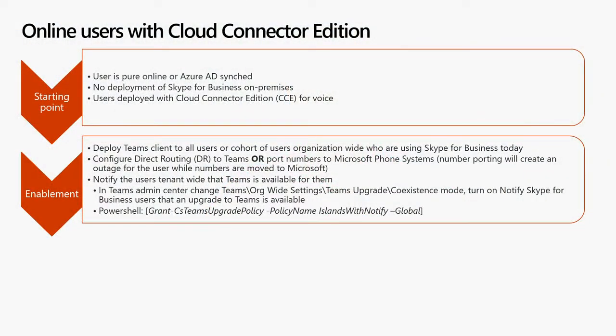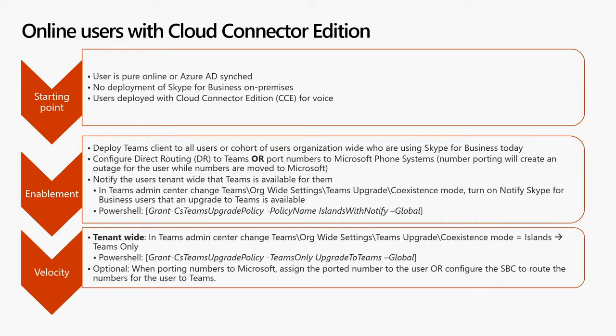Two flavors of it. One is you host the session border controller architecture and the PSTN termination point on premises in your organization, or you work with your telephony provider so they directly connect to us, and they manage the SBC architecture for you. So aside from that decision, the rest is exactly the same. You assign the license, you deploy the client, you notify the users, and when you're ready to upgrade, you have an extra step.